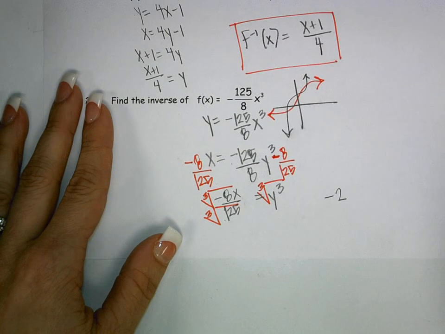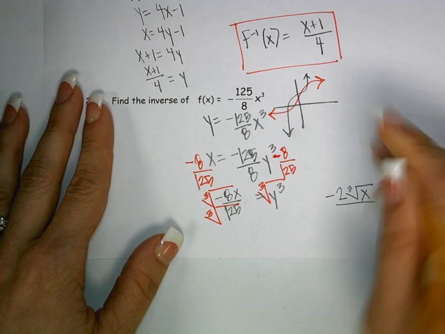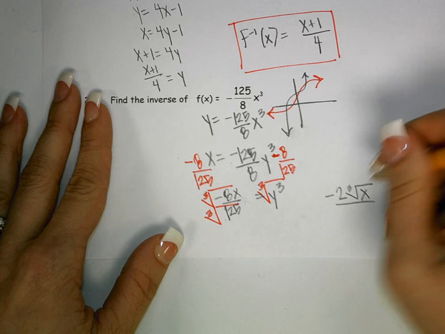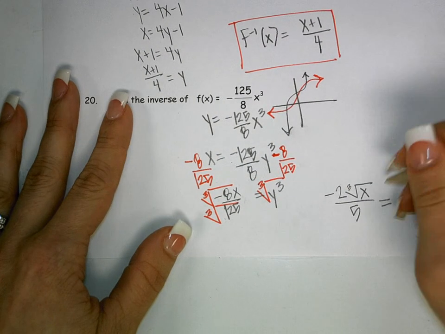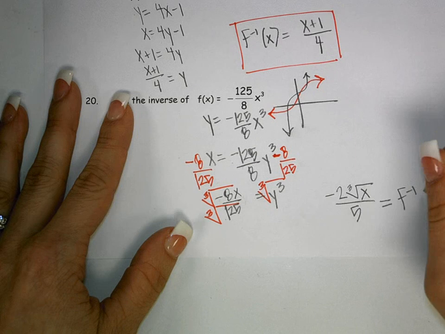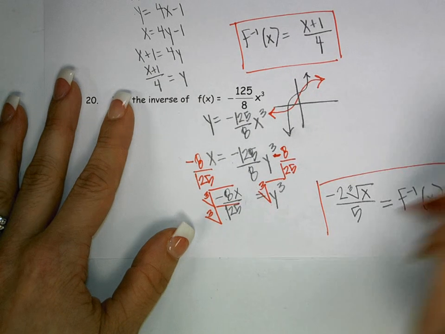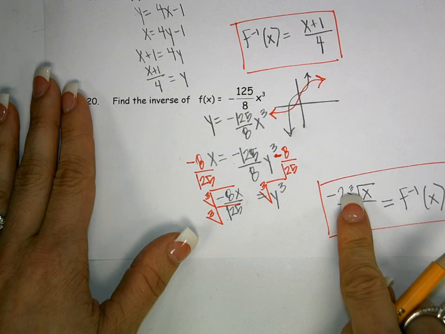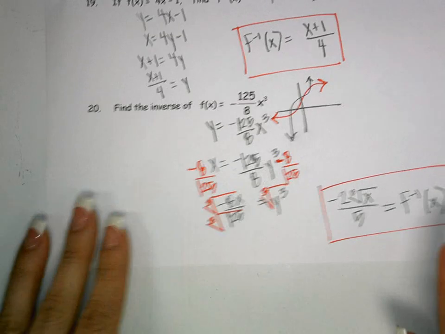Negative 2. You still have cube root of x over, what's the cube root of 125? 5 equals, and instead of writing y, I want you to write it in inverse form, so f negative 1 of x. So the negative does come out, the x does not, and be very, very careful to keep your negative number there. Don't want you to lose that negative number.